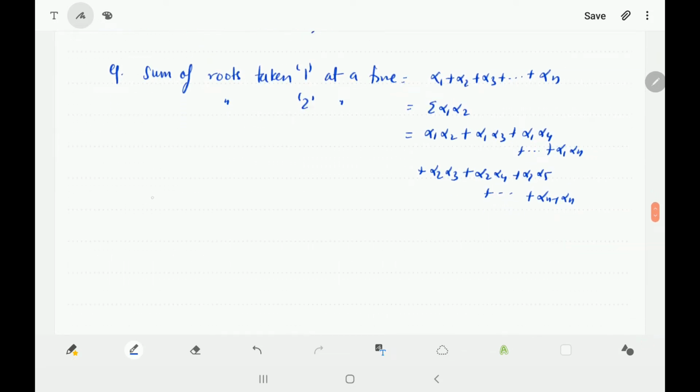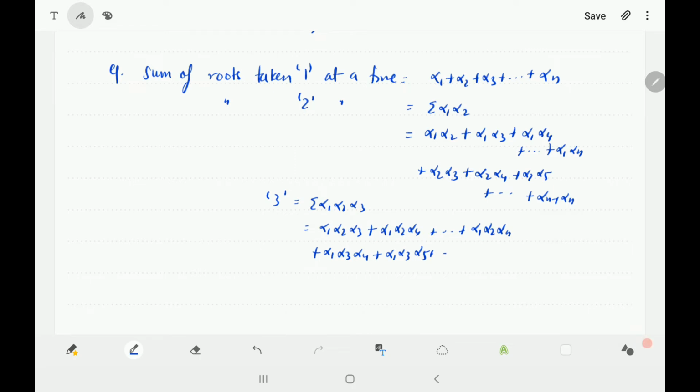What that means is, if I write sum of roots taken 3 at a time, it means summation of alpha 1 alpha 2 alpha 3. So this will be equivalent to alpha 1 alpha 2 alpha 3 plus alpha 1 alpha 2 alpha 4, and so on to alpha 1 alpha 2 alpha n. Now the next terms will be alpha 1 alpha 3 alpha 4, alpha 1 alpha 3 alpha 5, and so on, all the combinations which are possible.